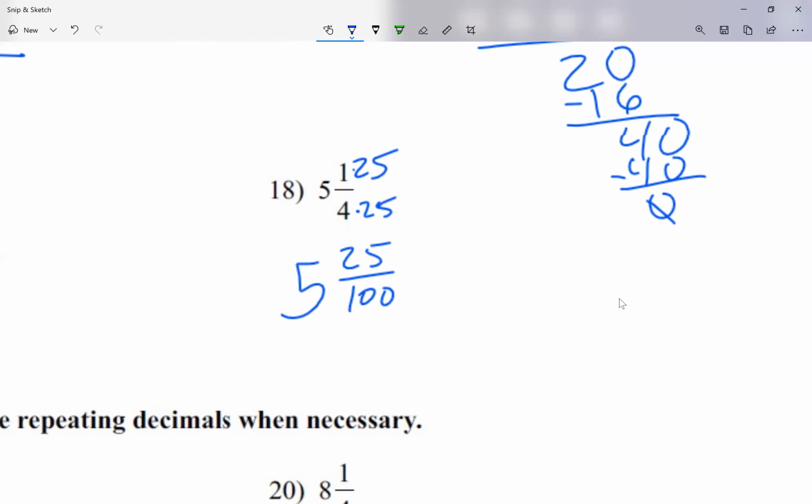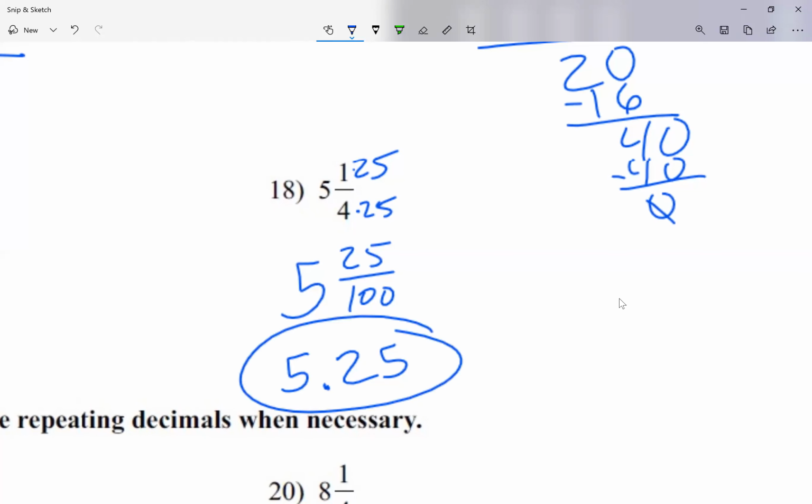Okay. So let's see. 25 over 100. So my decimal is going to have a 25 as part of it. The bottom has 100, right? So 2 zeros. So that means 2 decimal places. Now in front of the fraction, I see a 5. So my answer is 5.25.